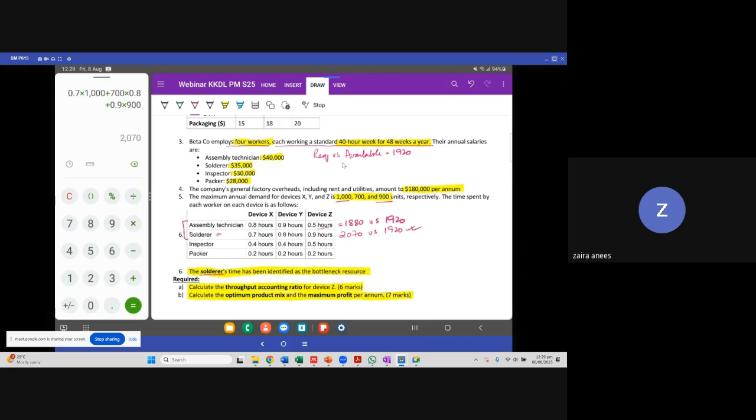Now you have to calculate the throughput accounting ratio. Just try to recall what we are supposed to do. For the throughput accounting ratio for device Z only, the throughput accounting ratio is return per factory hour divided by cost per factory hour, right?